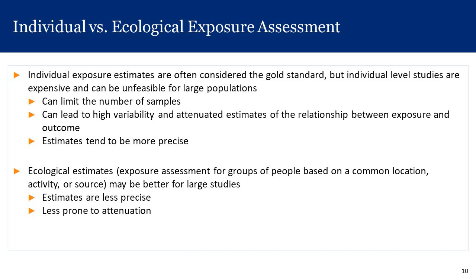But the estimates we get tend to be more precise coming out of these kinds of assessments. Ecological assessments, where you're thinking about entire groups of people based on a job title or a common activity, may be better if you want to do a larger study, but you have to understand that the estimates may be less precise and less prone to attenuation.